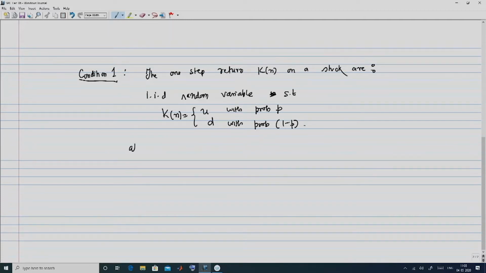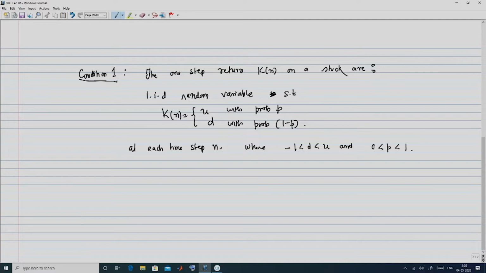Now, this will happen at each time step n, where I need to put these conditions. One condition would be minus 1 less than d less than u, and the second is 0 less than p less than 1.